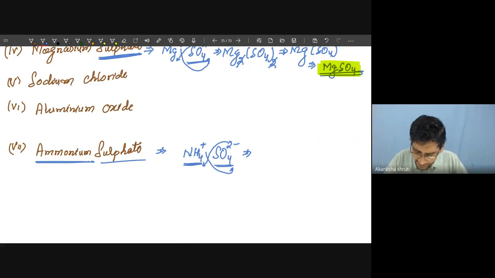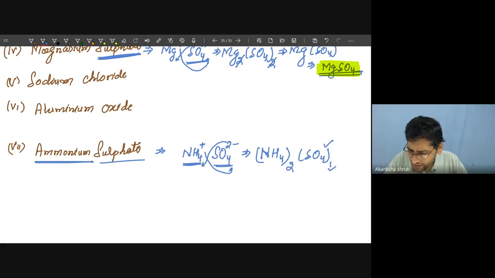So the intermediate one will be like this: NH4 whole has to be kept twice, and SO4 whole has to be kept only once. Student, wherever 1 is there, only at those places you can leave the bracket. Now in this 2 and this 1, nothing is common, so we cannot cancel them; it will remain as 2 and 1.